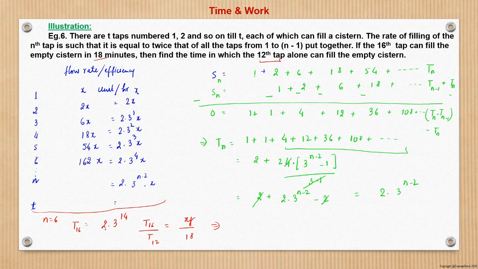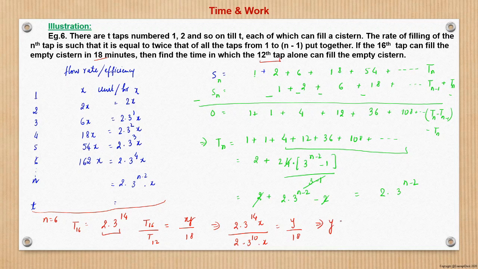Further, T16 we can write as 2 into 3 raised to power 14x upon T12. T12 we can write as n is equal to 12, we will substitute. This will be 3 raised to power 10x. This is nothing but y by 18 minutes.